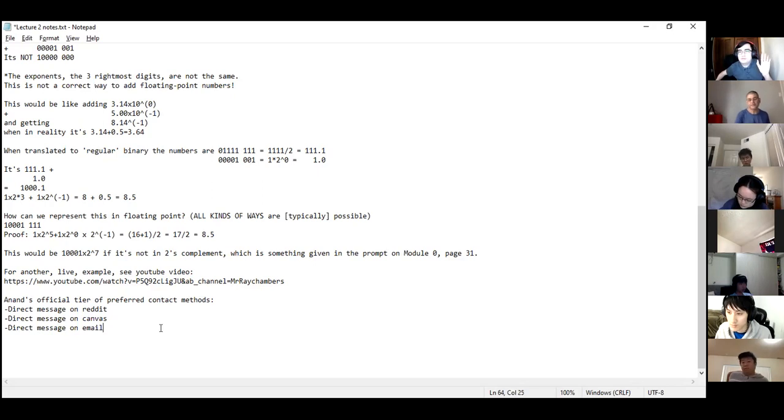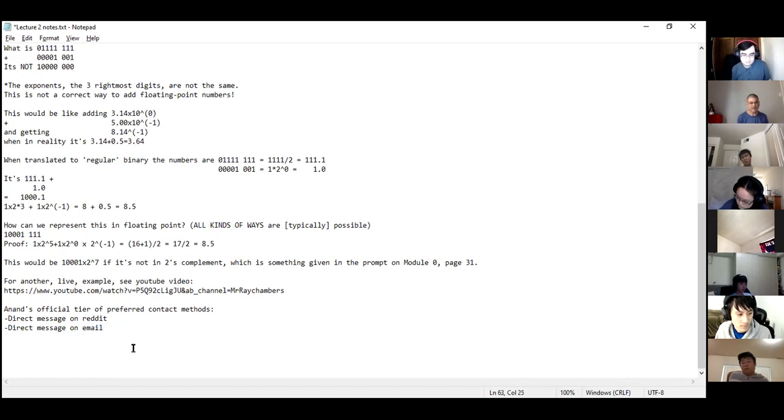Hey, thanks, Professor. In terms of direct messages, which one would you prefer the most? I don't care. Email is fine. The only thing is Canvas is a pain because Canvas messages will get deleted. It's not even stored here. It's stored on some Canvas server somewhere, and they just delete it willy-nilly sometimes.